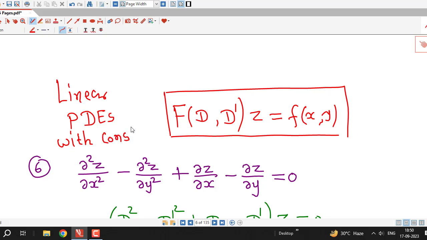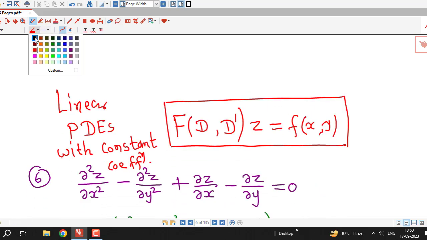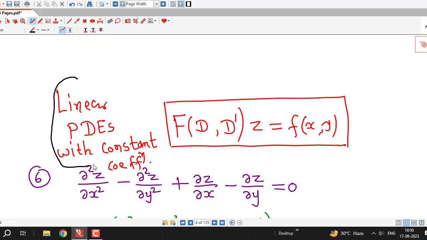Our interest is in the linear partial differential equations with constant coefficients, and we are understanding different ways of writing these equations, and we are trying to develop some general form. So by observing all these things, we can be sure that any linear partial differential equation with constant coefficients can be written as some function of D, D dash, z equal to some function of x and y.